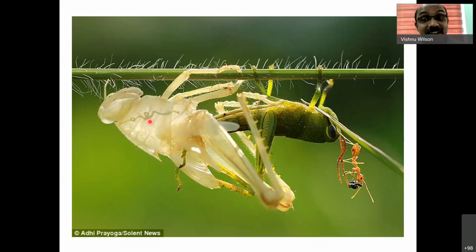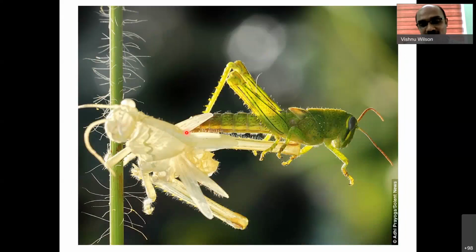That's why we call it an exoskeleton. It provides shape to the body, and it is discarded. And this discarded or molted skin is called exuvia. Exuvia. Okay. This is the process.